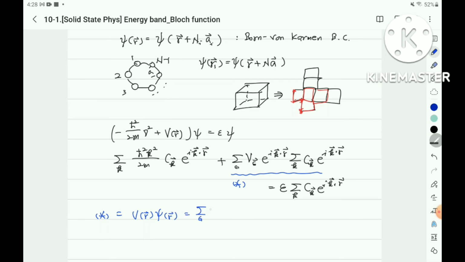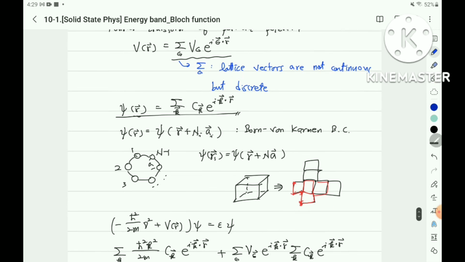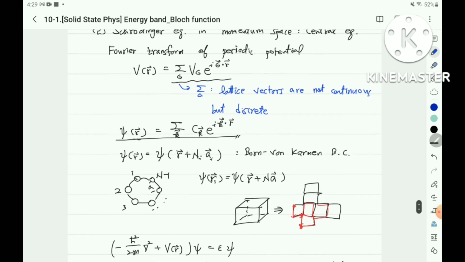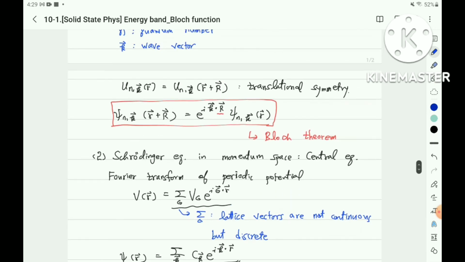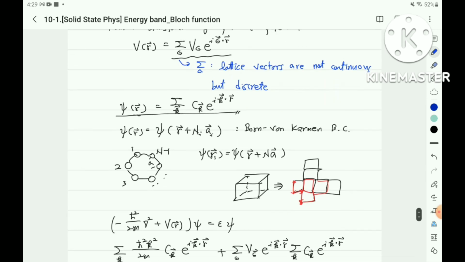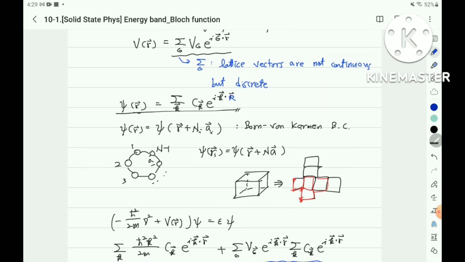Then the summation over the reciprocal lattice vector and the wave vector, V_g and C_k exponential i, here i k plus g, because from the boundary condition we can form the Bloch wave function, and the r vector can have the reciprocal lattice vector.